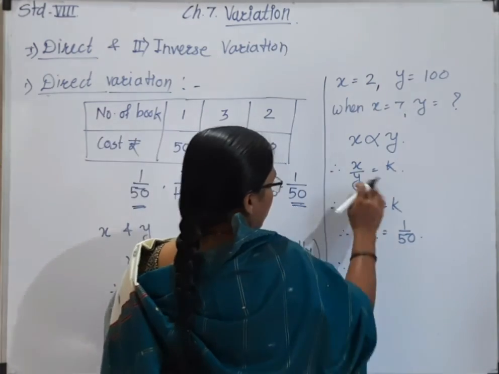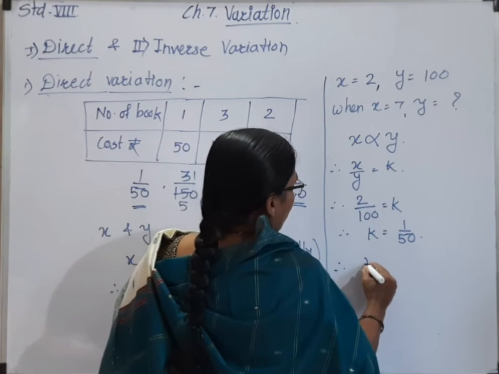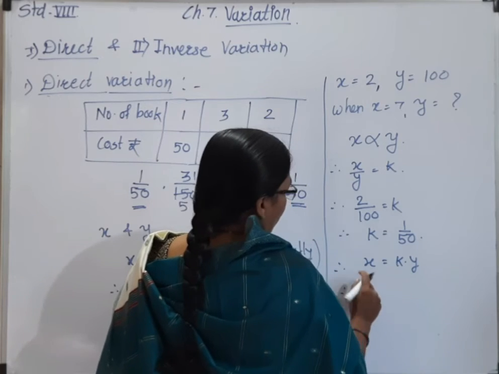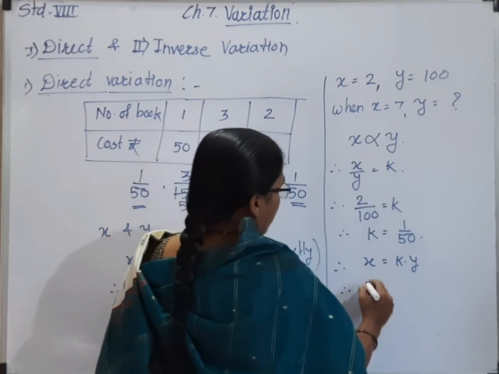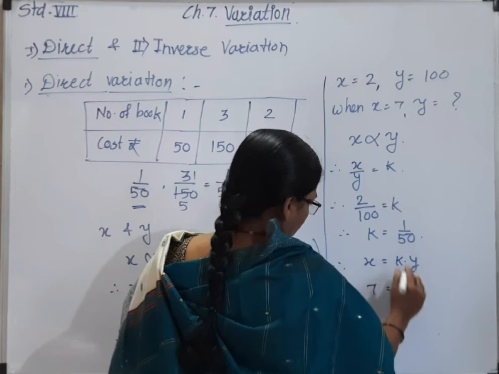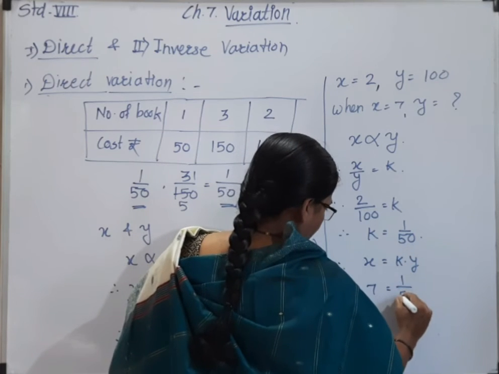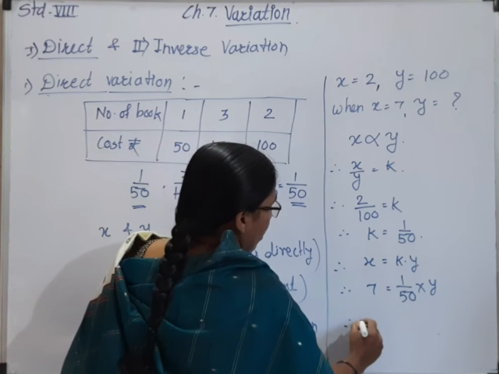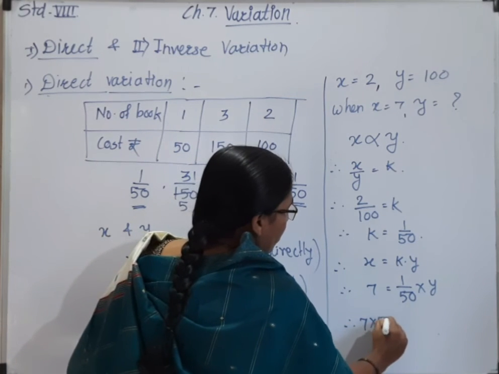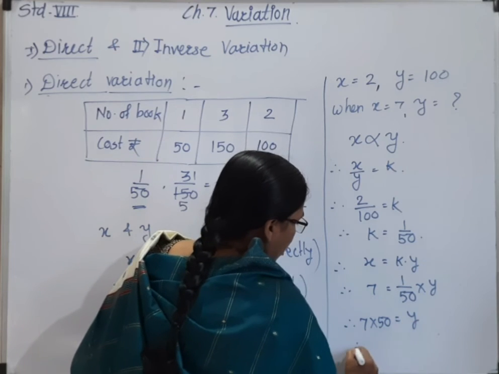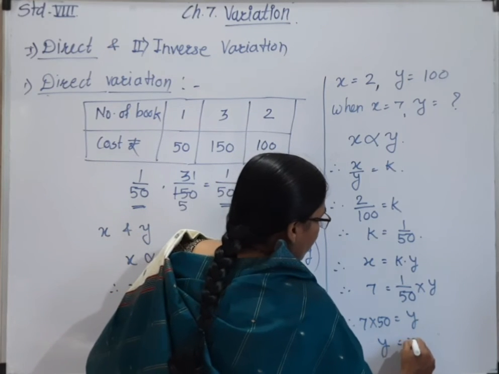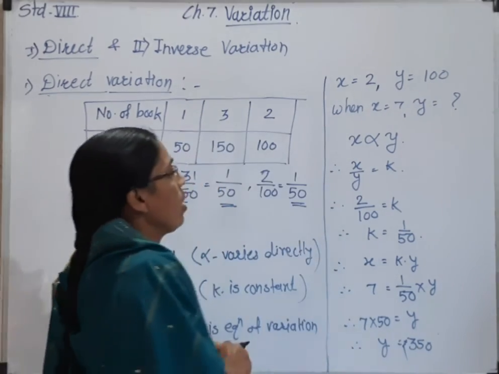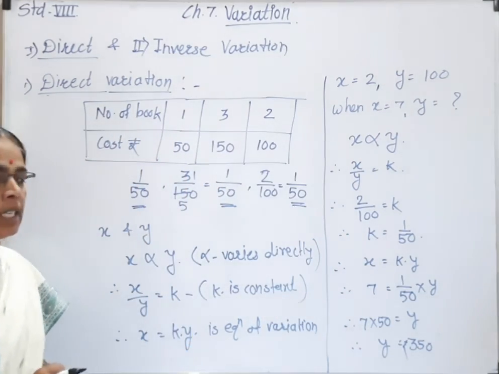Again we substitute this value. Therefore x is equal to k into y, and when x is equal to 7, 7 is equal to 1 upon 50 into y. We have to find the value of y. Therefore 7 into 50 is equal to y. Therefore y is equal to 350 rupees. This means the cost of 7 notebooks is 350 rupees.